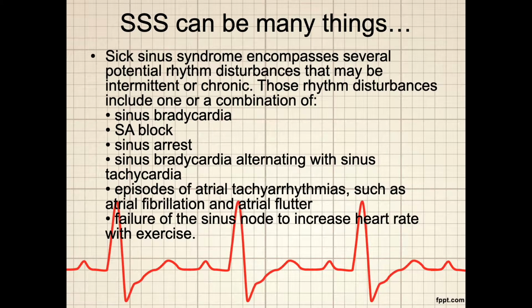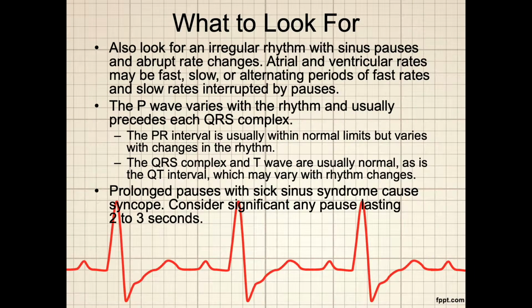These rhythm disturbances include one or a combination of sinus bradycardia, sinoatrial block, sinus arrest, sinus bradycardia alternating with sinus tachycardia, episodes of atrial tachyarrhythmias such as atrial fibrillation and atrial flutter, and failure of the sinus node to increase heart rate with exercise. On the monitor or on ECG paper, sick sinus syndrome will look like an irregular rhythm with sinus pauses and abrupt rate changes.